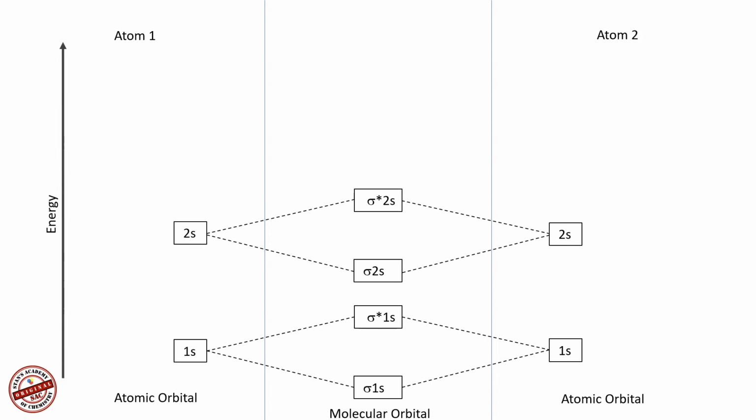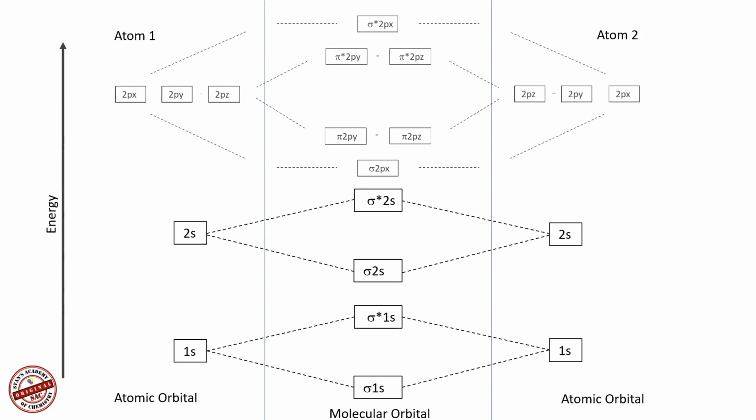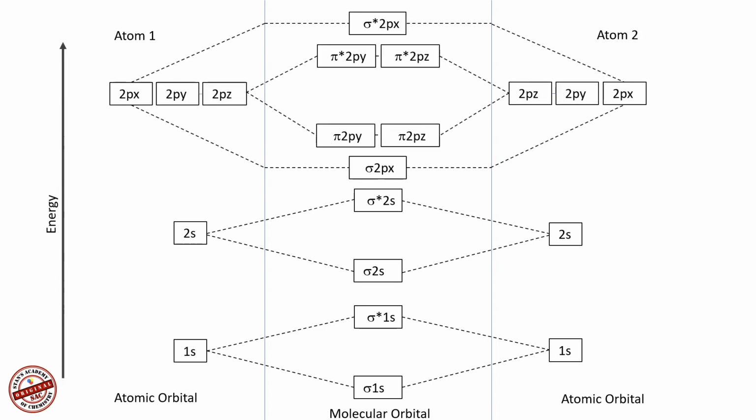Again, we will look at the p orbital. Like I already said, there will be 1 axial overlap and 2 lateral overlaps. So the px on the left and the px on the right combine to form sigma 2px as illustrated here.